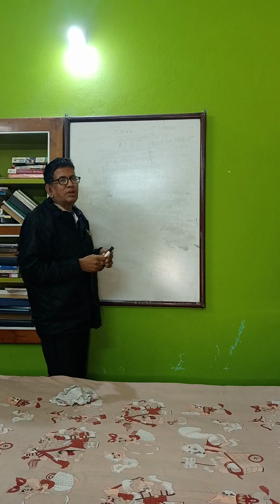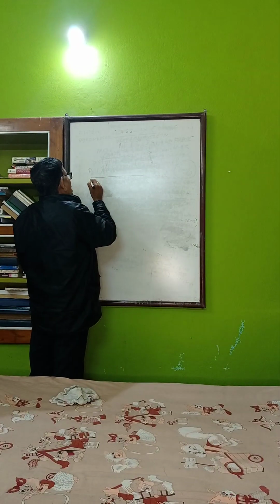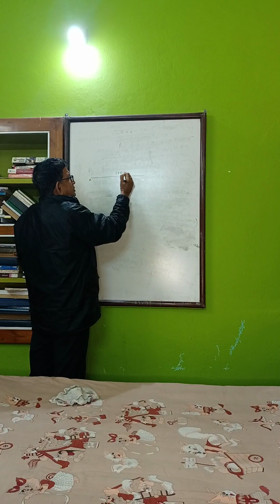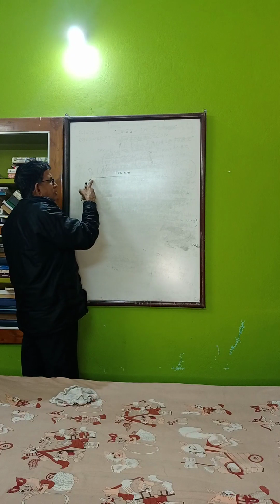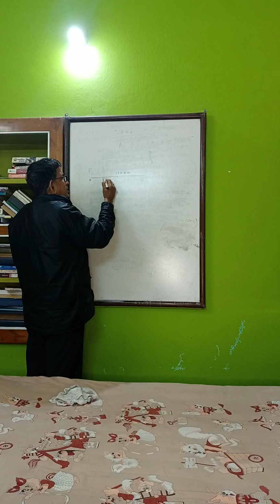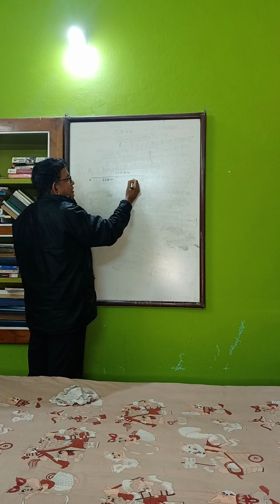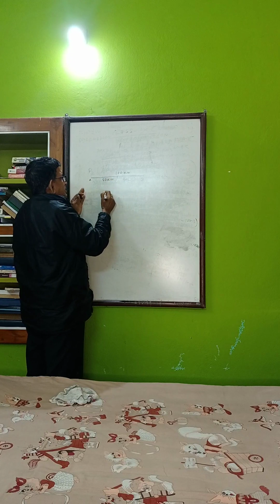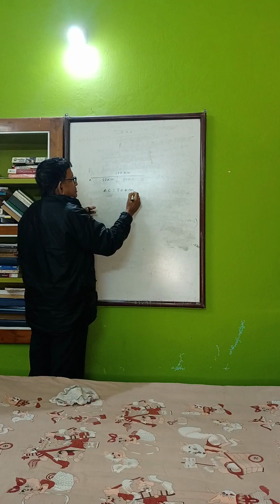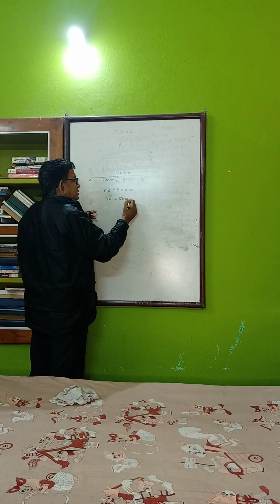Next, if I want to calculate, suppose a body moving A to B 100 kilometer. You divide this into two parts, that is AC 50 kilometer and BC also 50 kilometer.